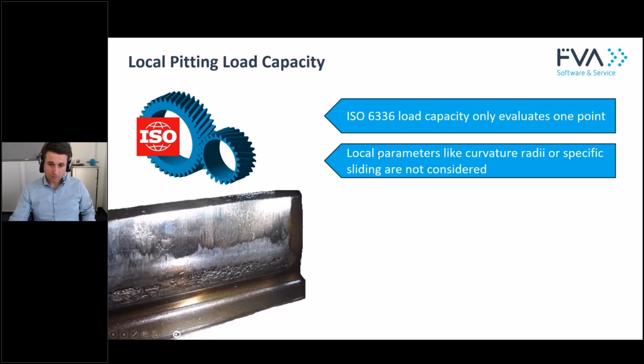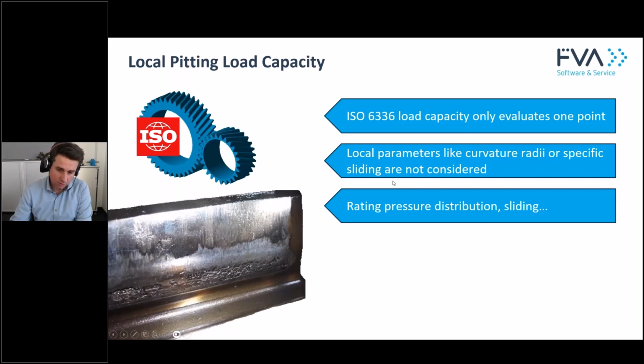And by looking at the whole flank as a matrix, you would be able to include additional parameters like curvature radii or the specific sliding, which are currently not, or only representatively included in ISO 6336.